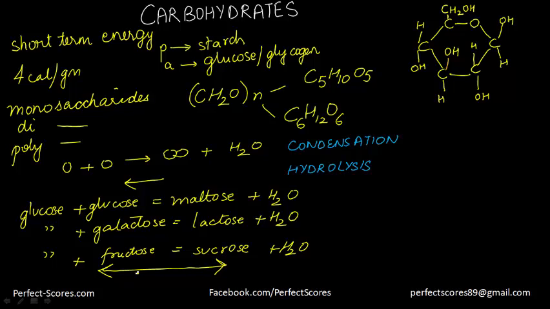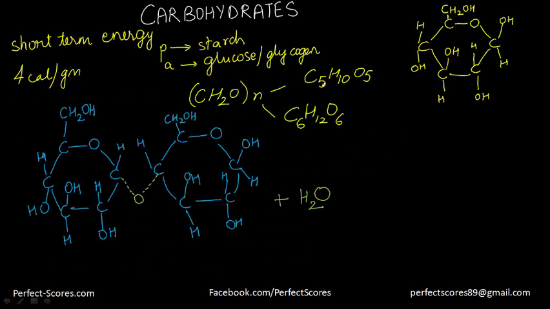So let's see how this reaction actually takes place. What happens in the condensation reaction is shown by this diagram. You have two molecules of this compound, which is sugar, and basically the OH group of one sugar molecule and the next molecule's OH group combine and take part in the condensation reaction.